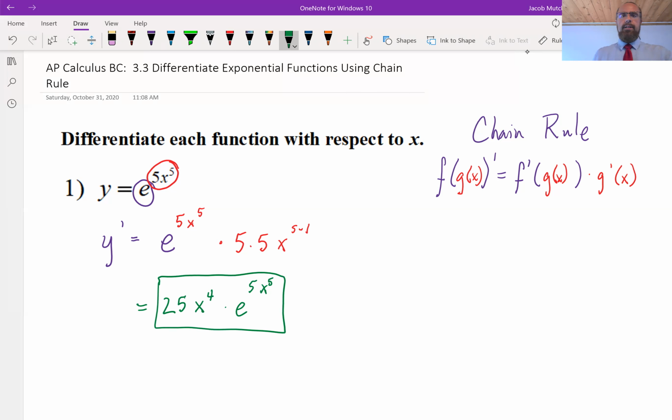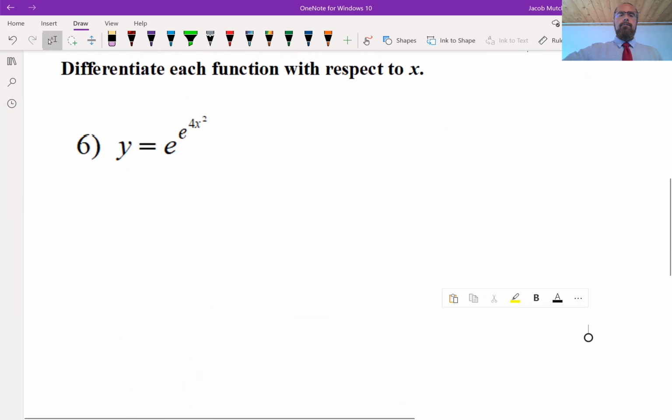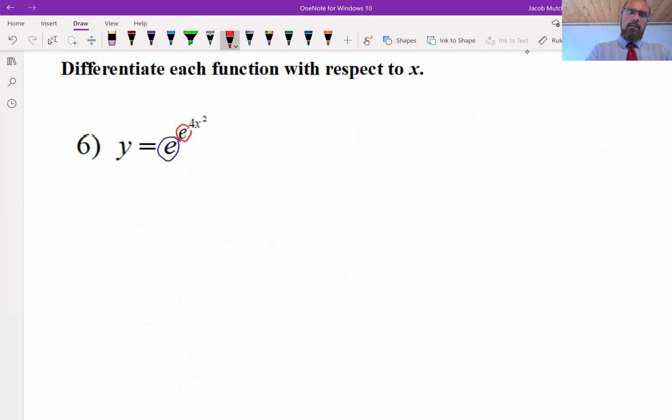So on that example, I only needed to use the chain rule once. Let's take a look at an example where I need to apply it twice. So for this function, you can see that I've got really now three functions involved. It's e to the power of e to the power of 4x squared.